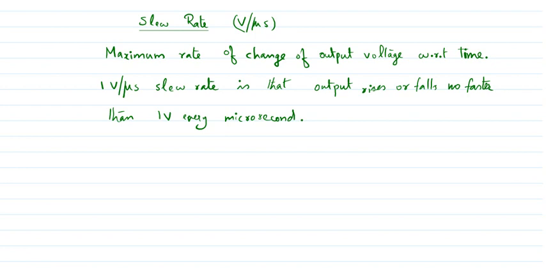And practically, the practical range of slew rate for our ICs is usually 0.1 volt per microsecond to 1000 volt per microsecond.